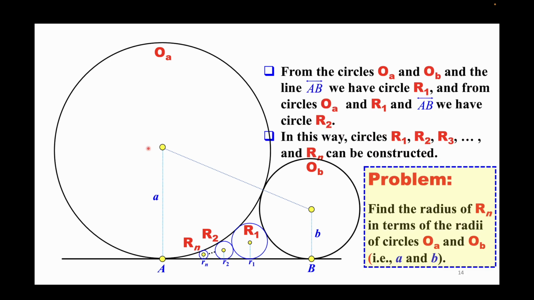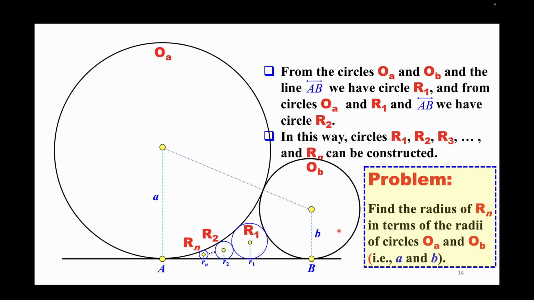In other words, from OA and OB, we have R1. From OA and R1, we have R2. From OA and R2, we have R3, and so on. Eventually, from OA and circle Rn minus 1, we have Rn. So our task is to find the radius of circle Rn in terms of A and B.